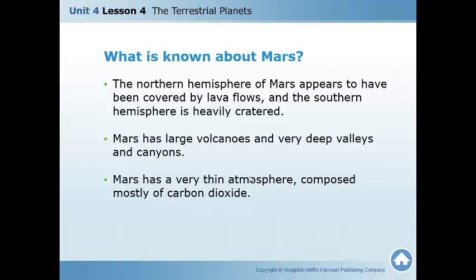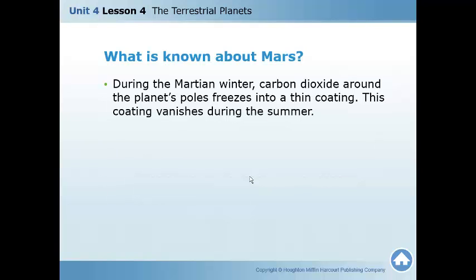So another difference between the Earth and Mars, if you remember, what makes us special to be able to support life is the fact that we have an atmosphere that's good for supporting life. Unlike Venus, it doesn't trap the carbon dioxide and heat up our temperature. Mars has an atmosphere too, it's just thinner.